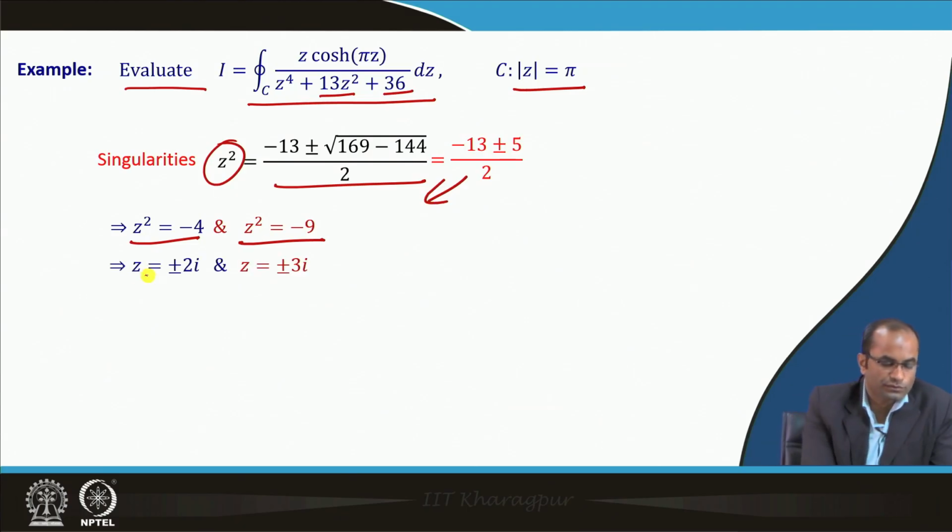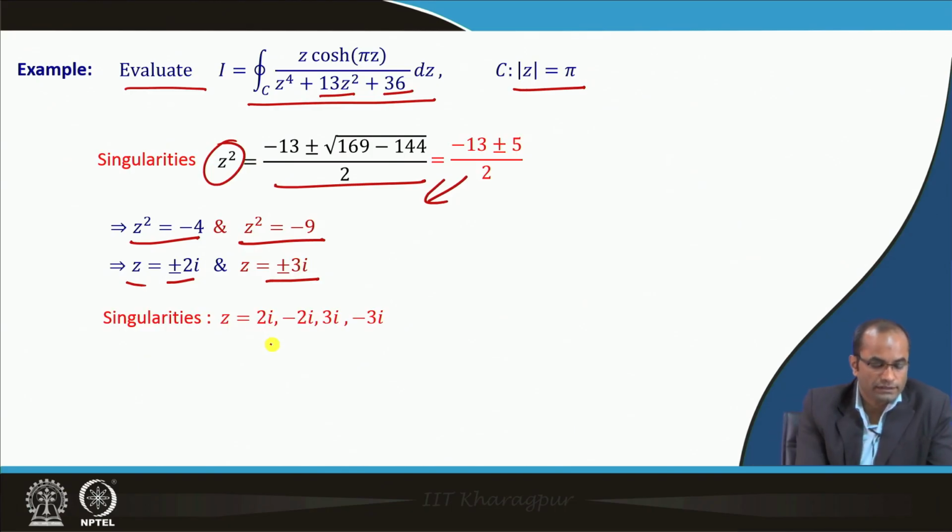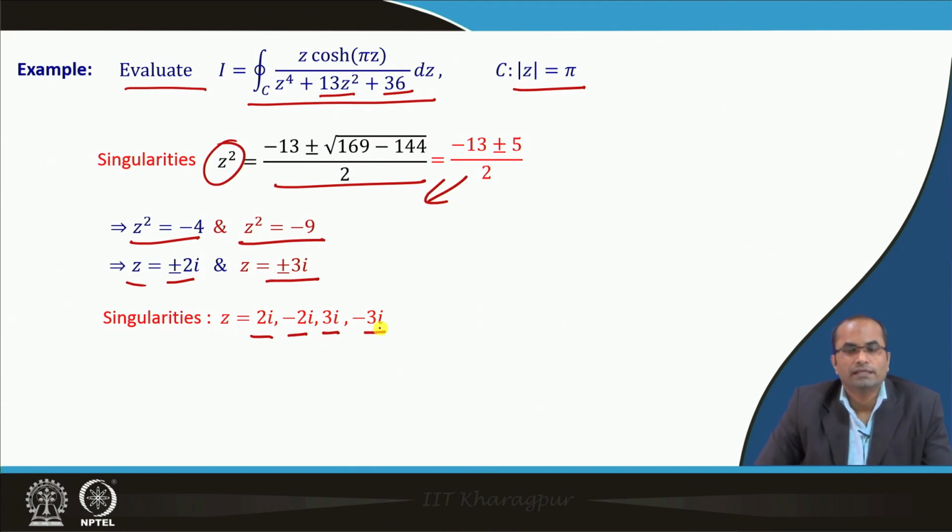So that leads to z equal to plus minus 2i and z equal to plus minus 3i being the zeros of this polynomial which is appearing in the denominator. So all these points are going to be the singular points for this integrand. So we have the singularities 2i, minus 2i, 3i and minus 3i. These are the 4 singularities, and for each we have to evaluate the residue.